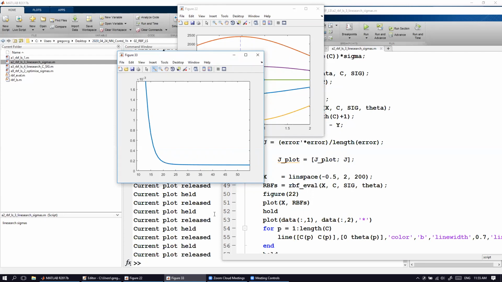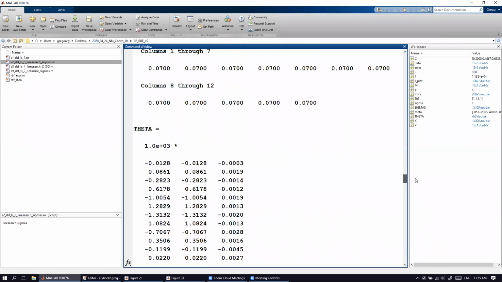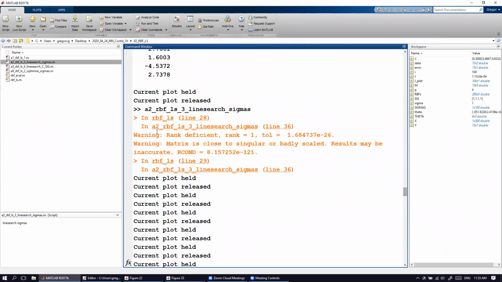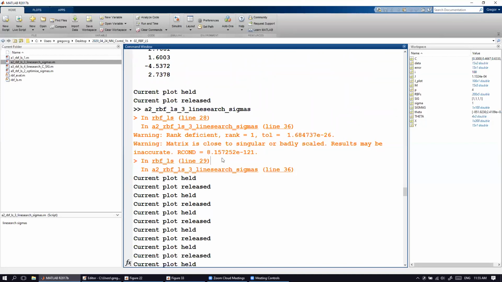Now, what I want you to take a look at is this: during the calculation we were warned that the condition numbers are bad, which means the singular values get close to 0, so using the least squares algorithm here gets into trouble.